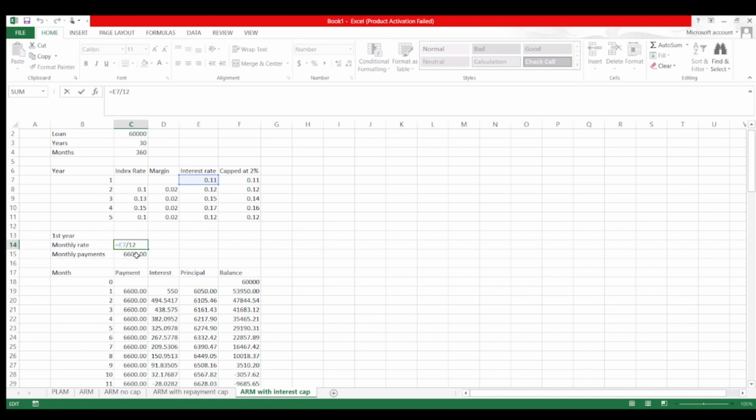And then now we need to correct this. What we need here is the monthly rate change. So we take that for consistency here. And then let's make sure we correct this formula. Always remember to calculate your monthly repayments based on the monthly rate and not the annual rate.